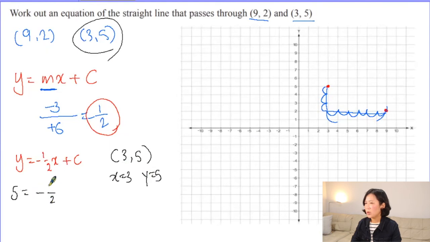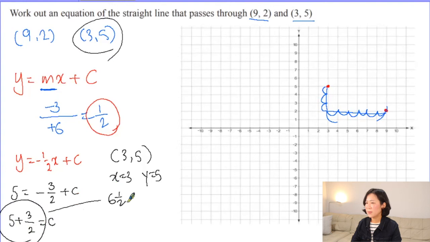So y is 5, then minus half times 3 is minus 3 halves, then c. Now let's move this to the other side. So y plus 3 halves, that's our c, right?